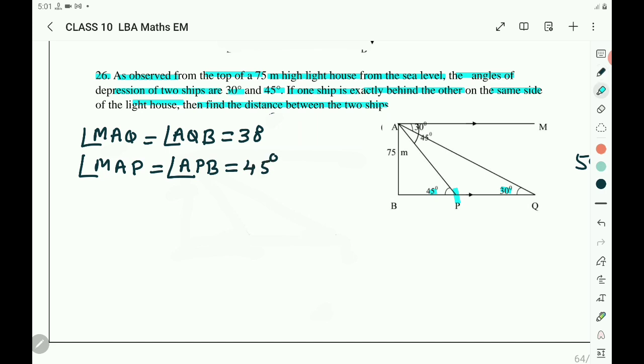Now you write the names of the right angle triangles ABP and ABQ. In the right angle triangle ABP, here you give the reason alternate angles.